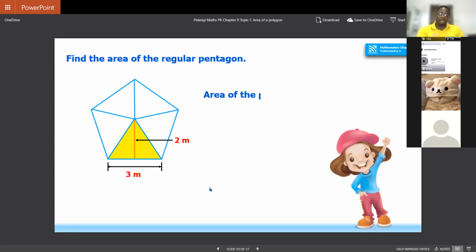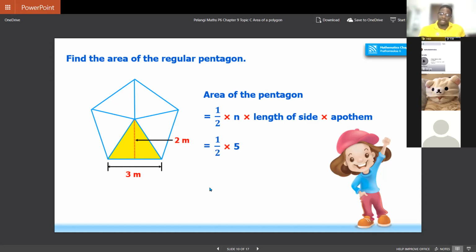Okay, so here we go. That's the formula here. Bash, you can do it. Let's go: 1/2 times 5, times 3, times 2. So what will be your answer?